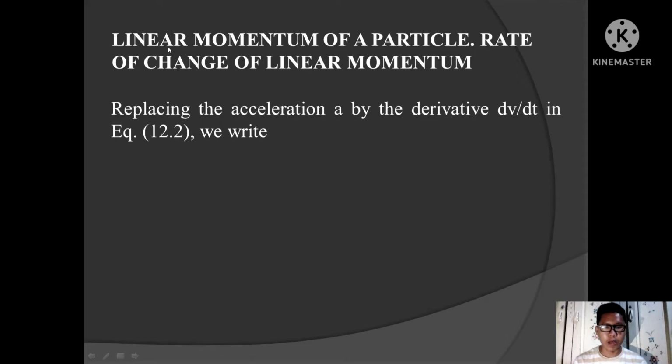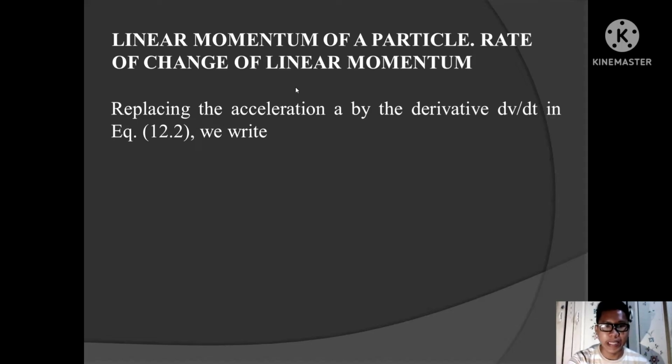It is directly proportional to the object's mass and its velocity. So when we hear linear momentum, we simply define it as the product of the mass and the velocity.